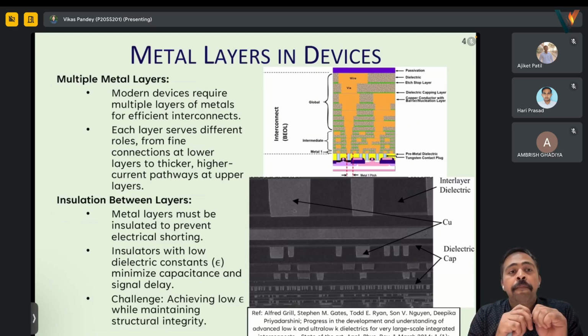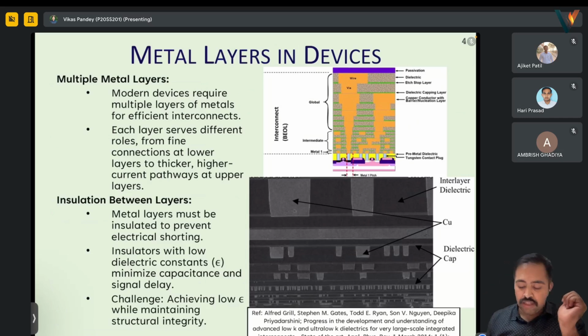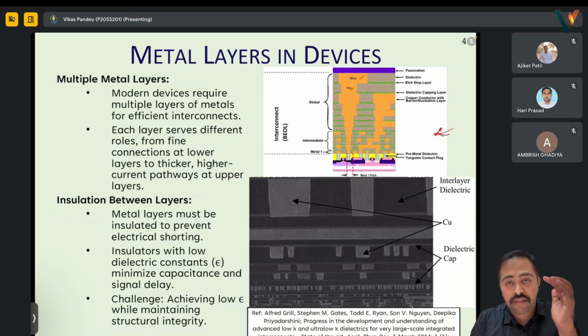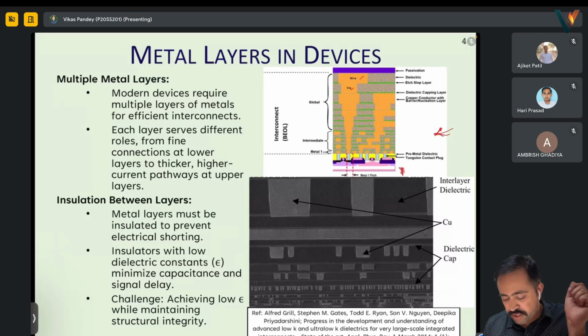If you see a modern device, there are multiple layers of metals. Like in this image, this is the wire, via, and these things. These are all metal layers, and below is our small substrate, the thickness shown here is very small.